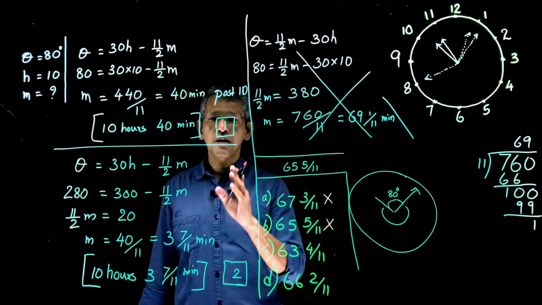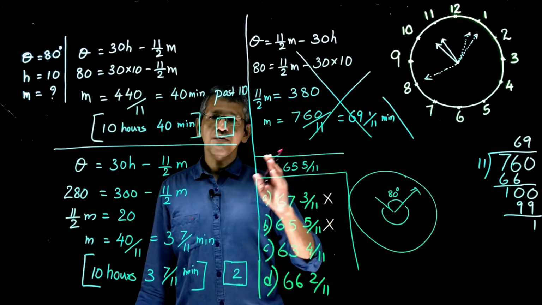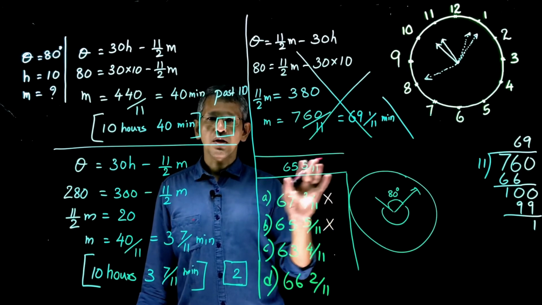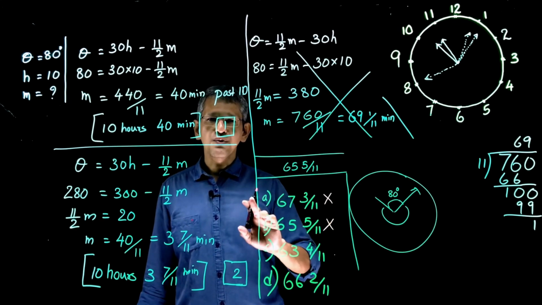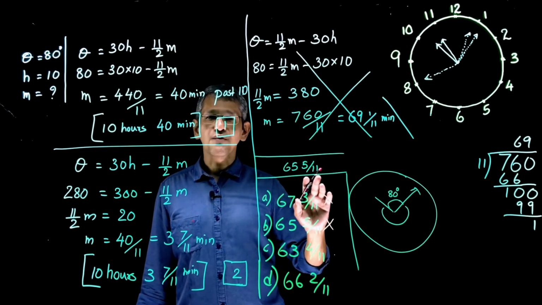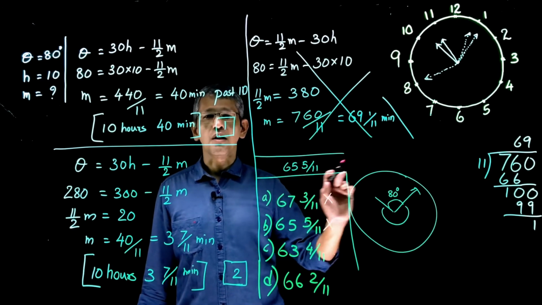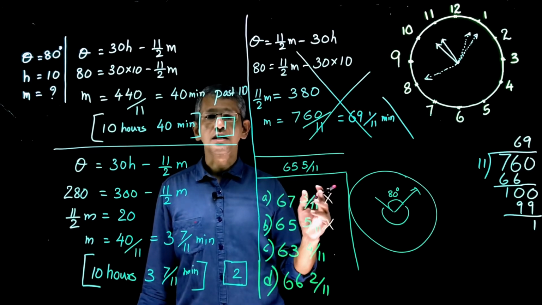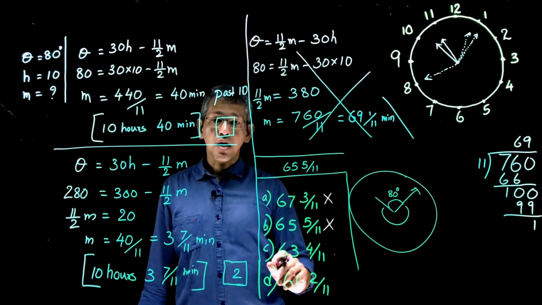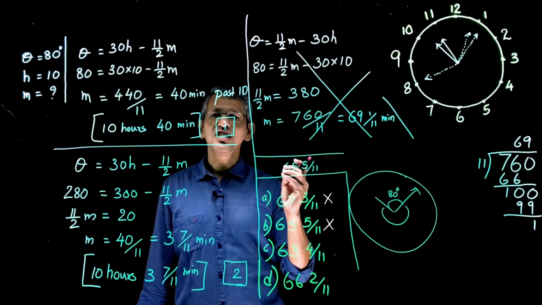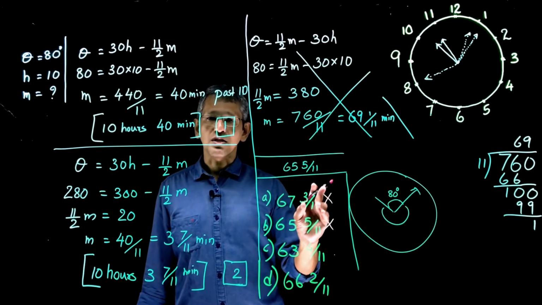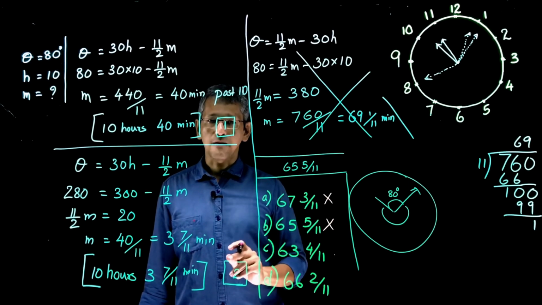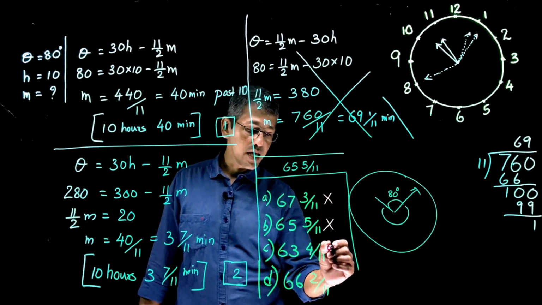For example, if you start from a place A and need to reach B, which is pretty much a 5 minutes distance, and you reach there earlier than 5, you are faster than normal. That means you are gaining time, right? In this case, the clock is faster. It took only 63 and 4 by 11 minutes for the next intersection. So that must be faster than the normal time. So this is the answer choice.